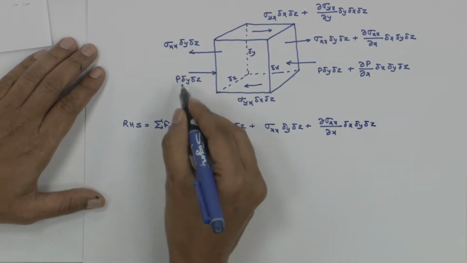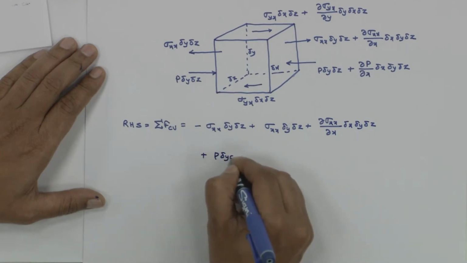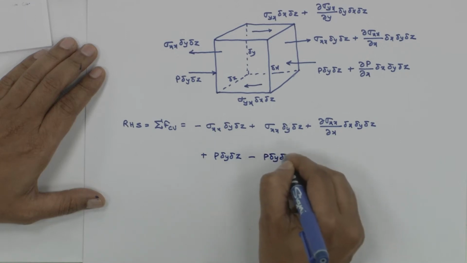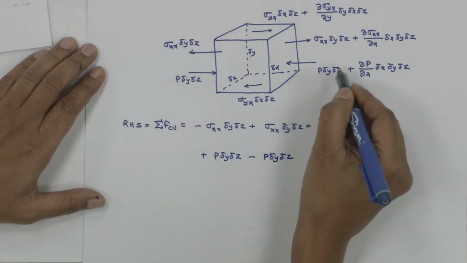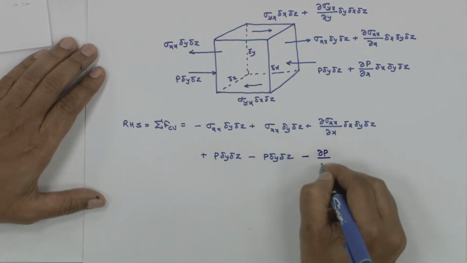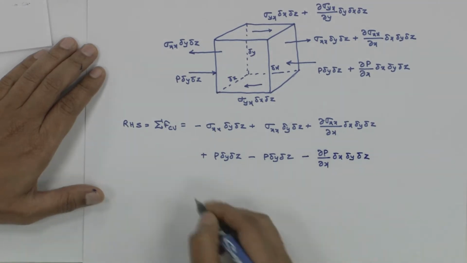Similarly for pressure, it is left to right, so it's going to be plus P delta y delta z minus P delta y delta z, because whole of this is acting from right to left. So minus of del P by del x delta x delta y delta z.